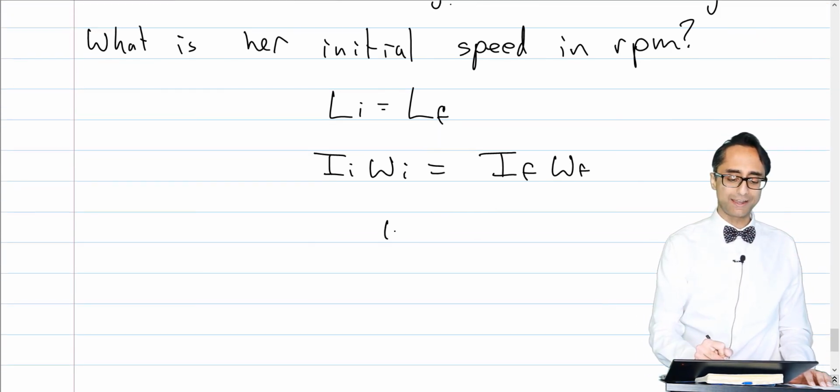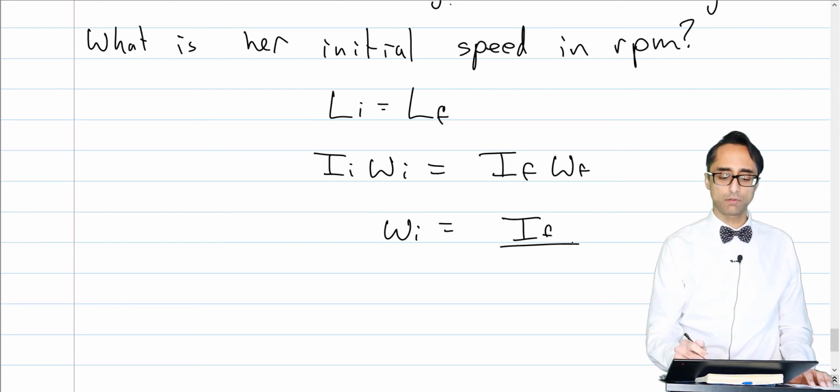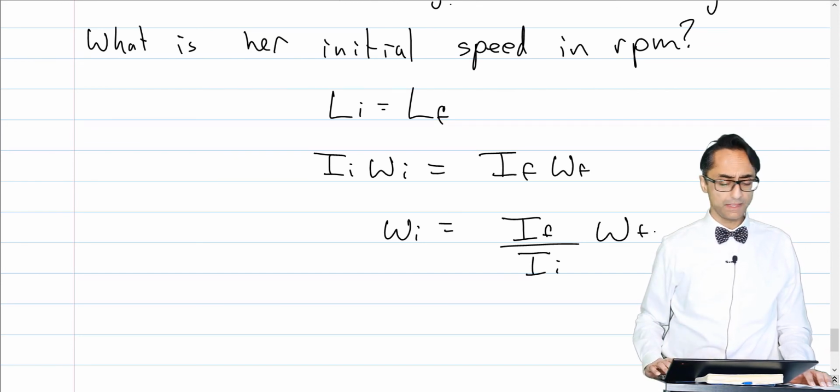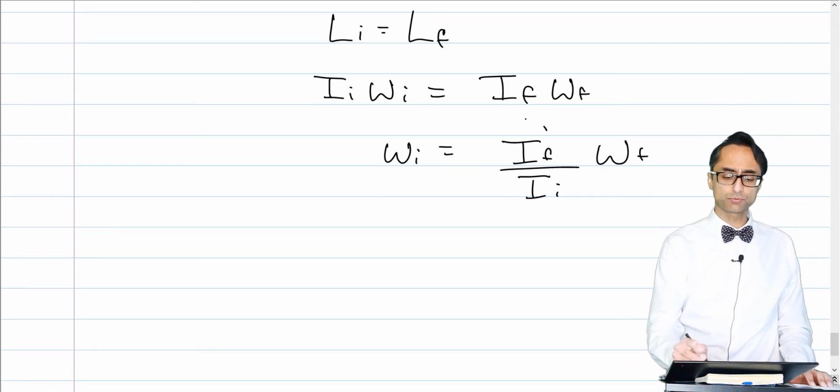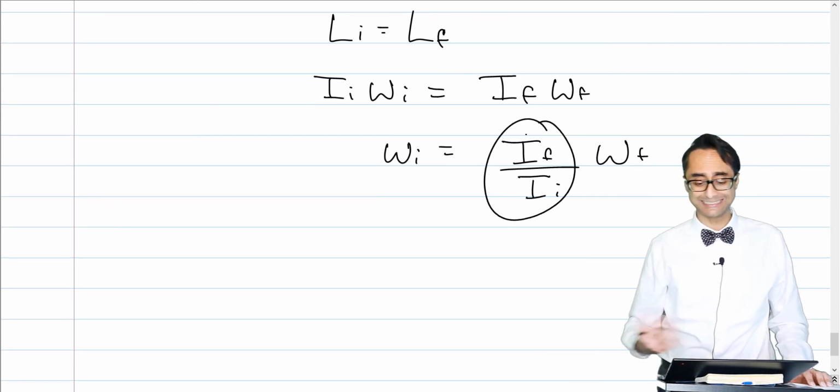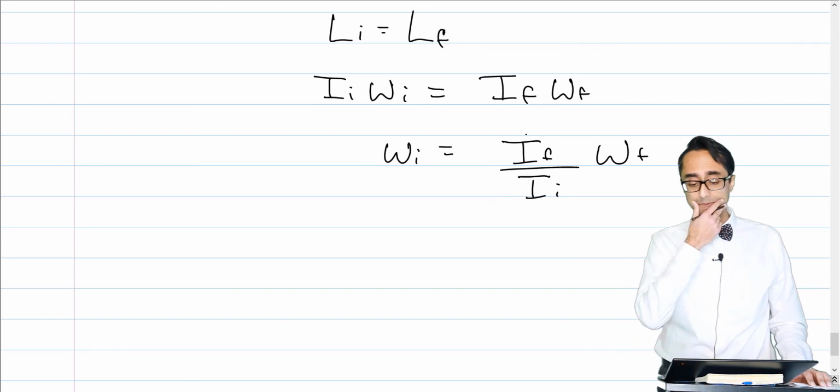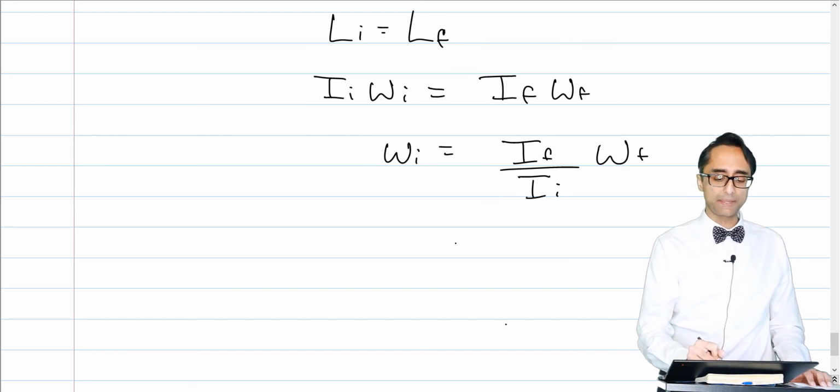We're looking for our initial value, and so it's just a ratio of final moment versus initial moment multiplied by our final angular velocity. And since this ratio is unitless, because you have the same units for them, then we can keep our RPM to get our final answer in RPM as well.